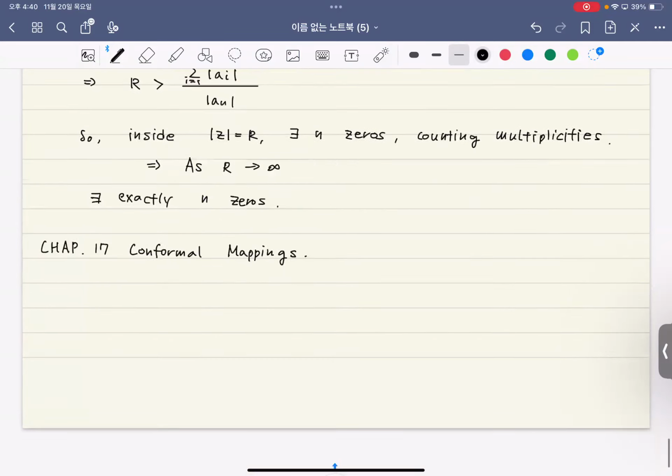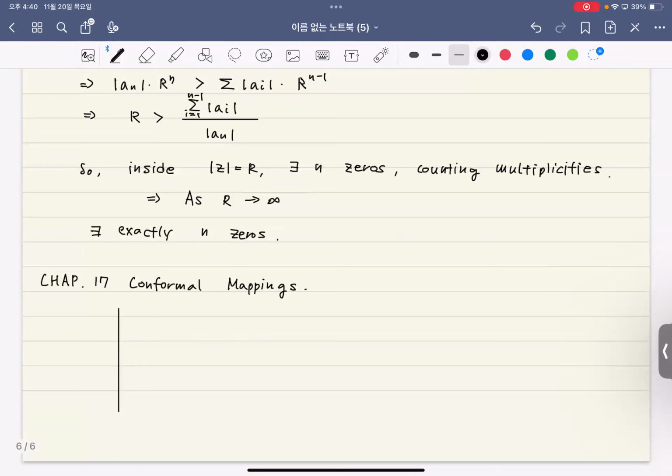So from now on, so far we were talking about complex valued functions, but a complex valued function should be understood as a function from the 2-dimensional Euclidean space to another 2-dimensional Euclidean space. So we usually said f can be broken down as a real part u plus i times the imaginary part v.